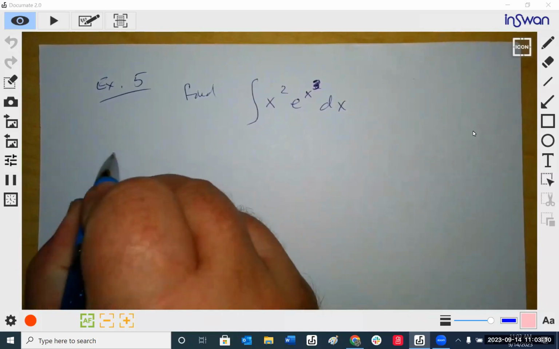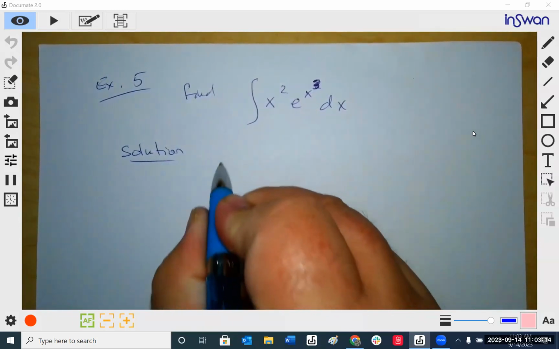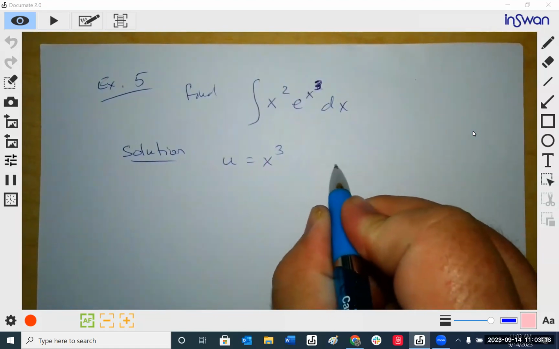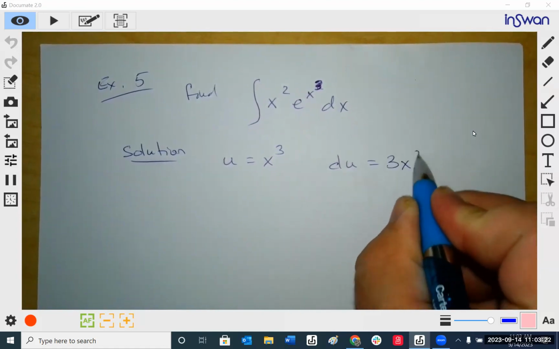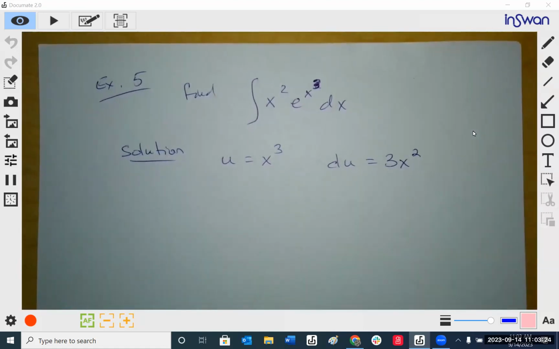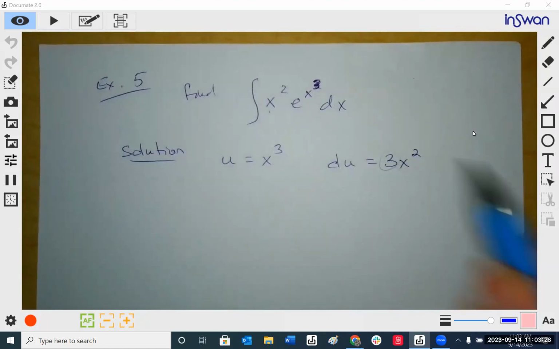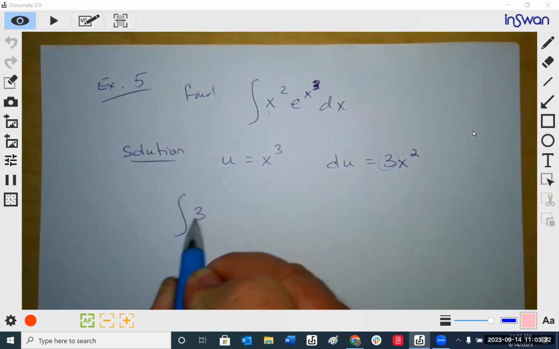So what is our u? Our u is x cubed. So du is 3x squared. We have an x squared. Do we have a 3? No. So we have to put a 3 there.